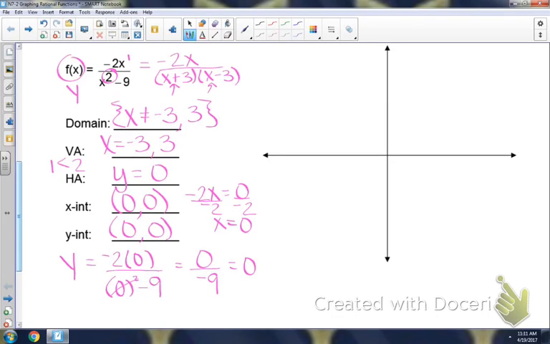Okay, so now we're going to get into the actual graphing part. So we're going to graph our asymptotes and our intercepts. So the vertical asymptote we have at negative 3, so it crosses the x-axis at negative 3. And also positive 3.